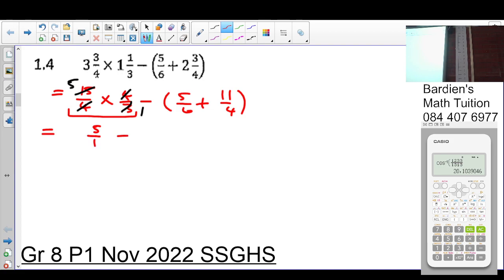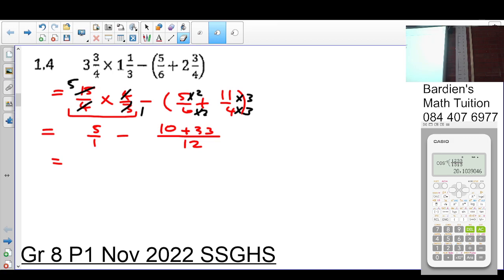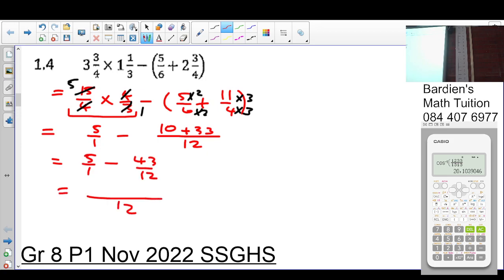What's your LCM inside your bracket? 12. You multiply this by 2, multiply that by 3. So 2 times 5 is 10 plus 33, so it's 43 over 12. So 5 over 1 minus 43 over 12. What's your LCM here? 12. So multiply that by 12, which gives me 60.